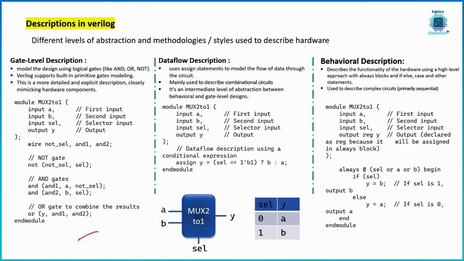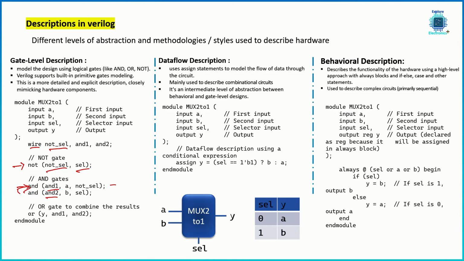As we have a gate level structure, if you implement it similarly in Verilog code, that is gate level description. While writing the gates, you can see one NOT gate is required to generate select bar. Select is the input and the output is not_select, which will be an internal variable declared as a wire. Using the AND gate, where and is the keyword, and1 is the internal variable representing the output of this AND gate, and similarly and2.